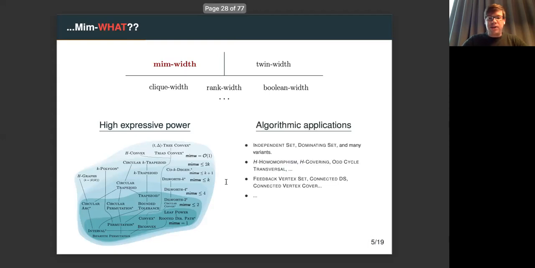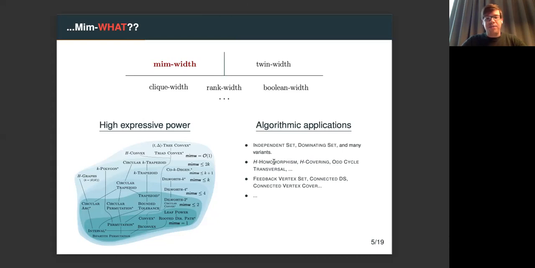Okay, so in terms of algorithmic applications, if you have a bounded mim-width decomposition of your graph, you can solve many types of problems, in particular independent set, dominating set, and several variants, and also partitioning problems like H-homomorphism.